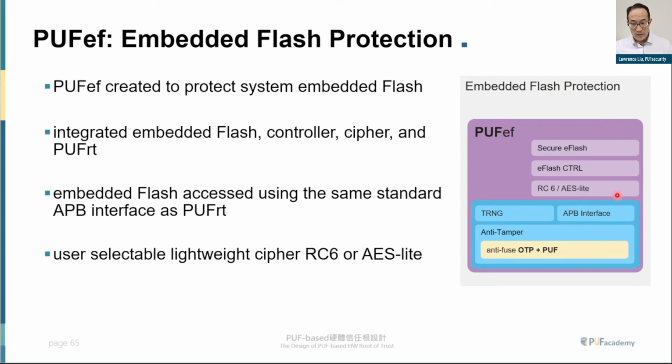So the embedded flash is protected, again, by a lightweight cipher. It could be RC6 or AES Lite. And this will support execution in place of protected code stored on the embedded flash. So that's PUFef, which stands for embedded flash.